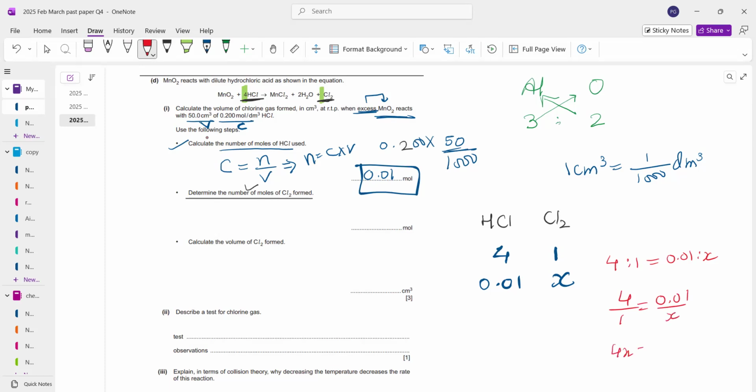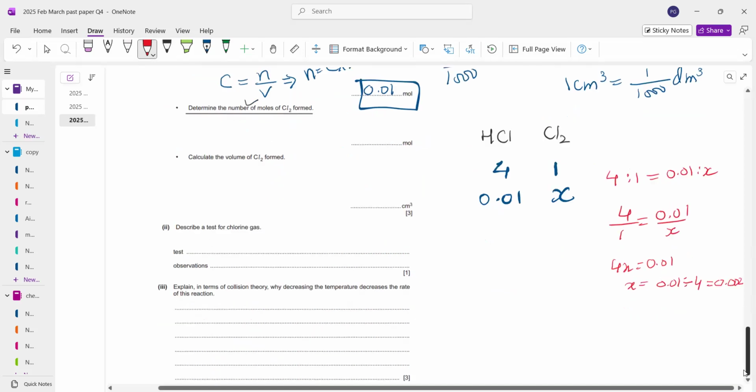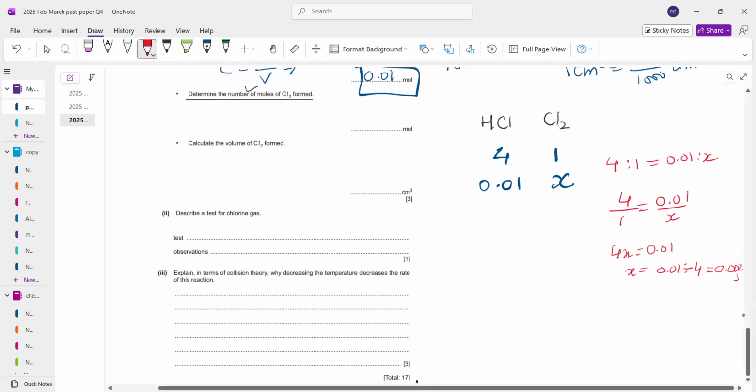Now solving this mathematically will give us x equal to 0.0025. So our answer is 0.0025. That's how we figure out this part.